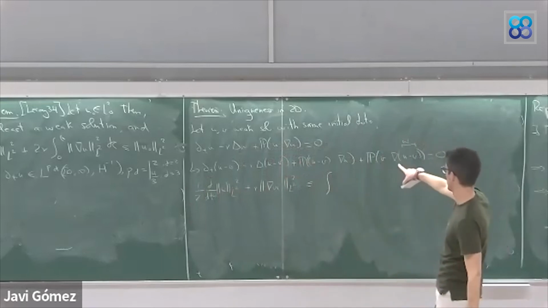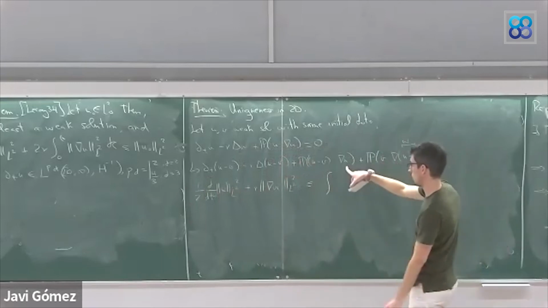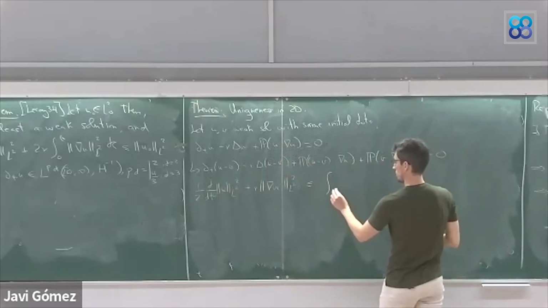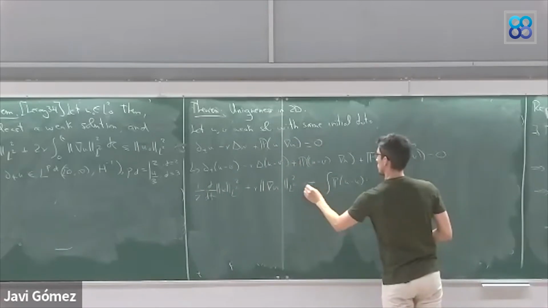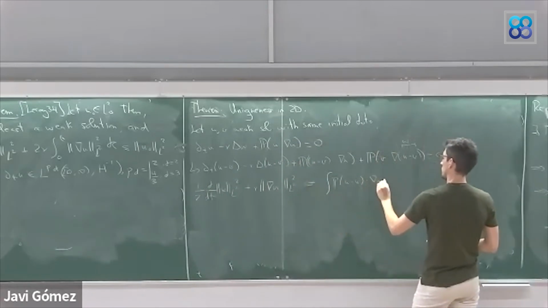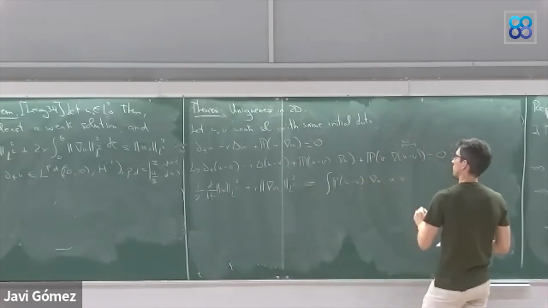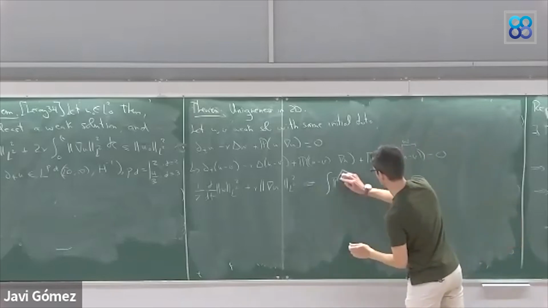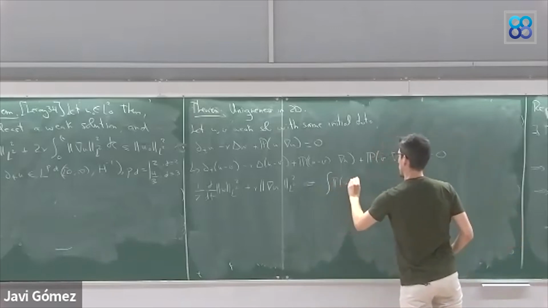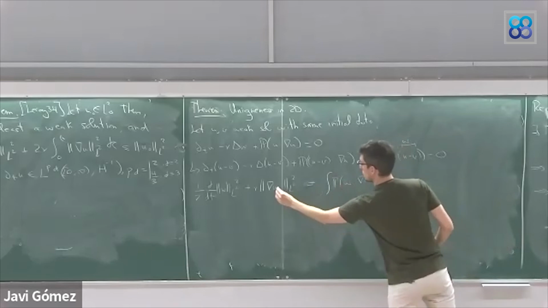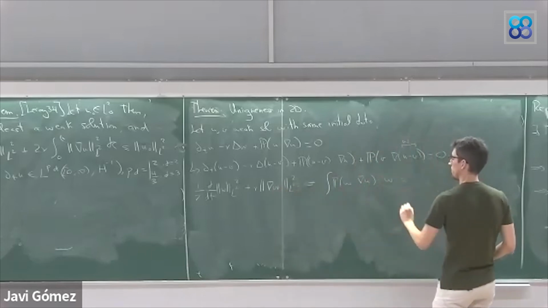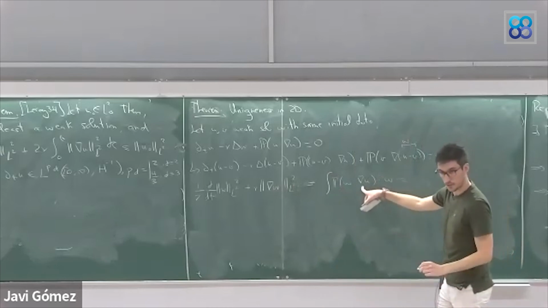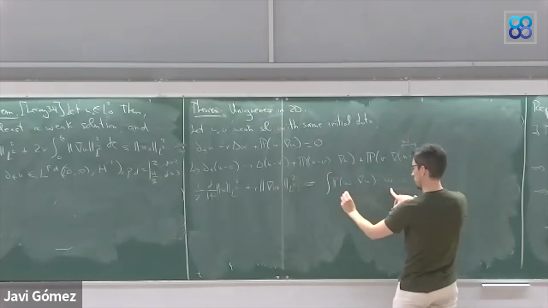Okay, this is the one that vanishes. This is the one that we had before. I'm going to integrate by parts here, so I'm going to write this in index form for a second.